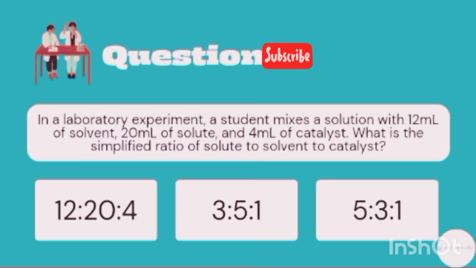Then we have the next question. In a laboratory experiment, a student mixes a solution with 12 ml of solvent, 20 ml of solute and 4 ml of catalyst. What is the simplified ratio of solute to solvent to catalyst?